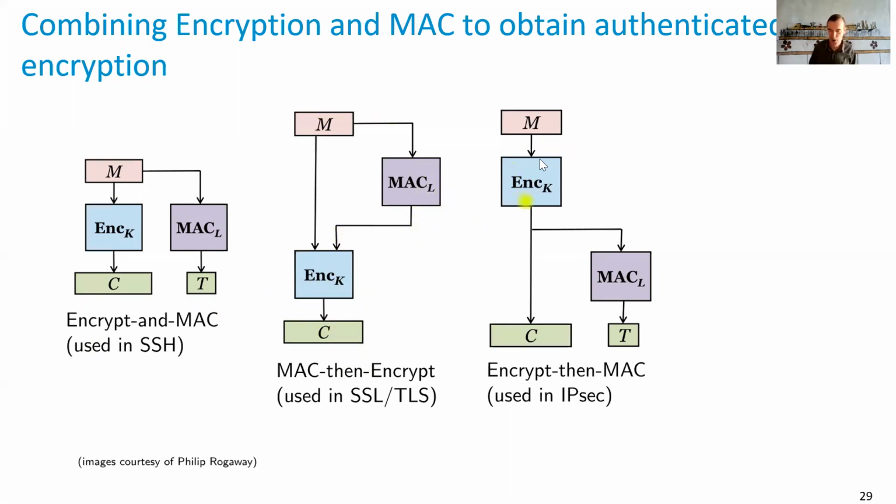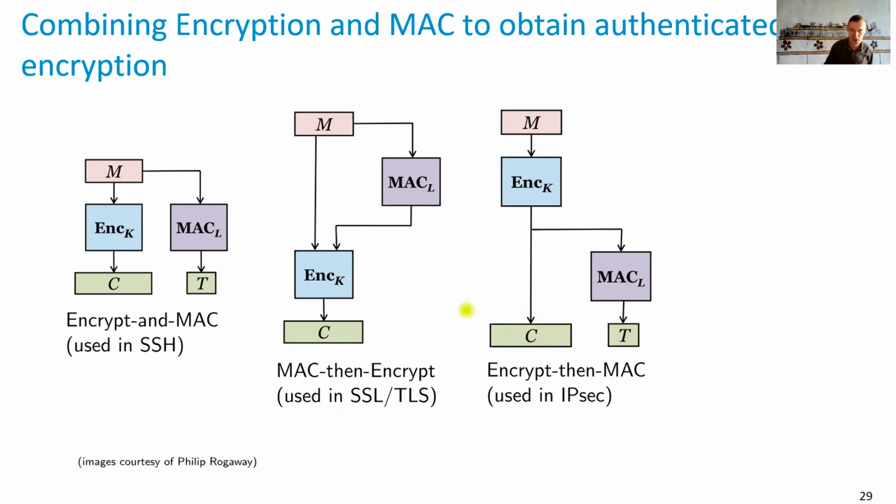Another method changes the order. First, you encrypt the message, then you put a tag on the encrypted message, and you transmit both the encrypted message and the tag, like in the first case. In order to check and understand the received message, you decrypt the message and obtain the clear text, but you verify the tag not on the clear text, you verify it on the encrypted message.